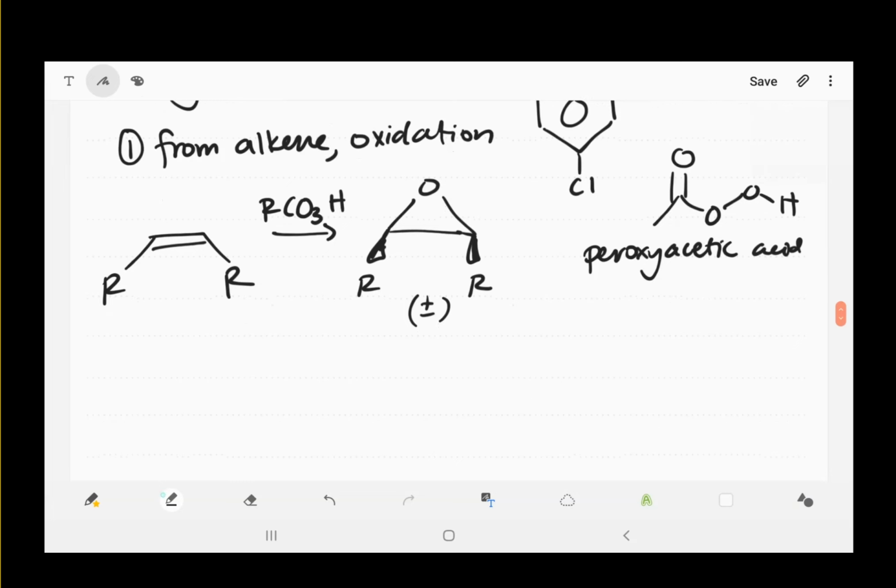So if they were cis before, they remain cis in your epoxide, and if they were trans before, they're going to remain trans in your product as well. So just don't forget that.